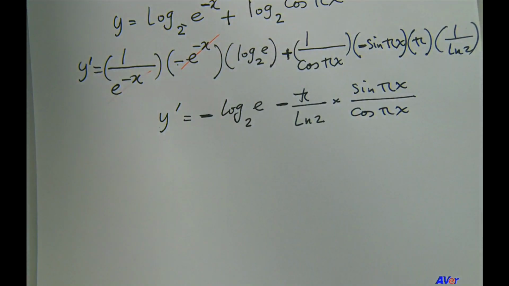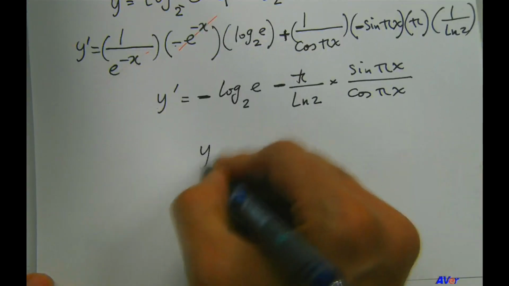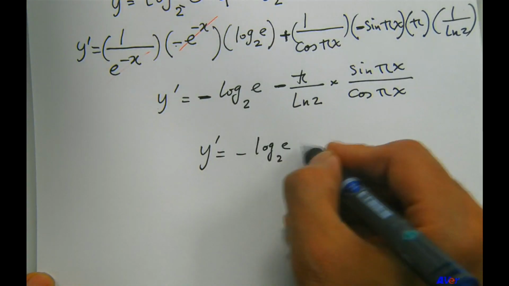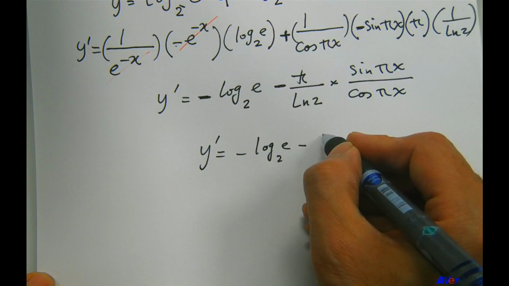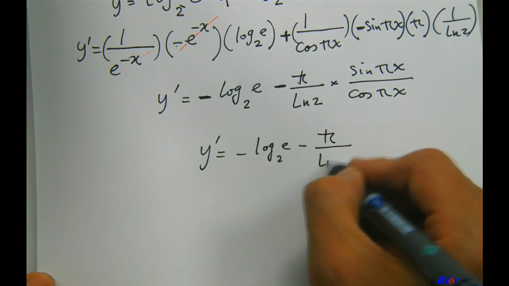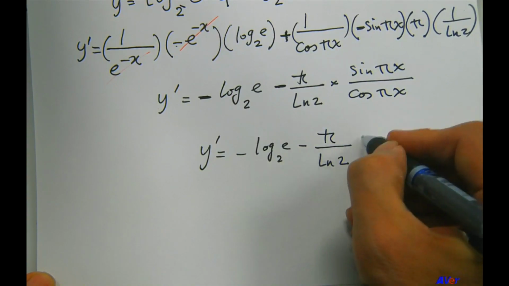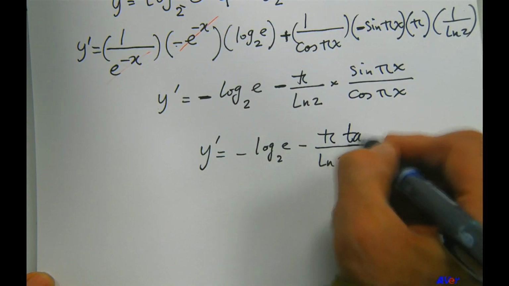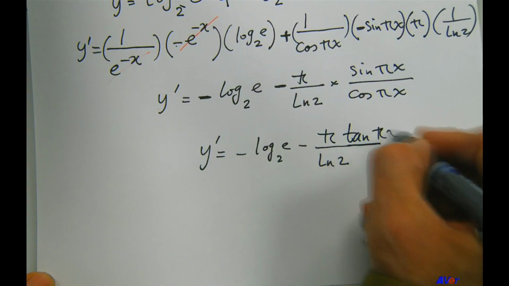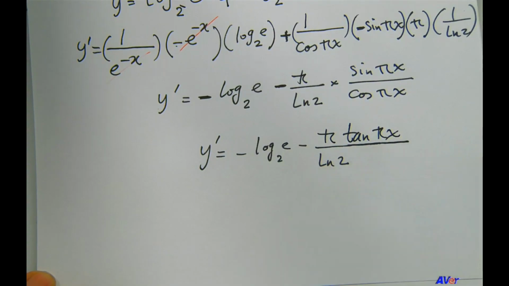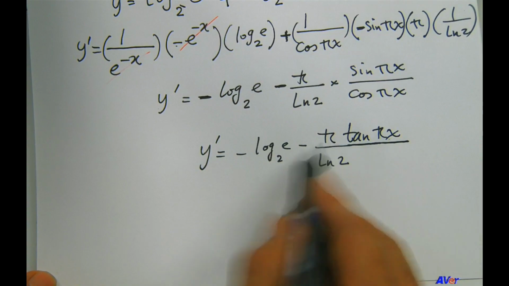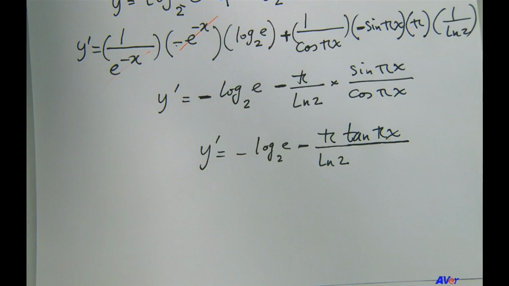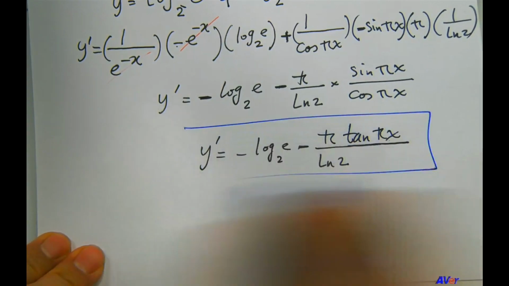So we end up with y prime equals minus log of e to base 2 minus pi over natural log of 2 times tangent of pi x. So that would be the final result of this derivative.